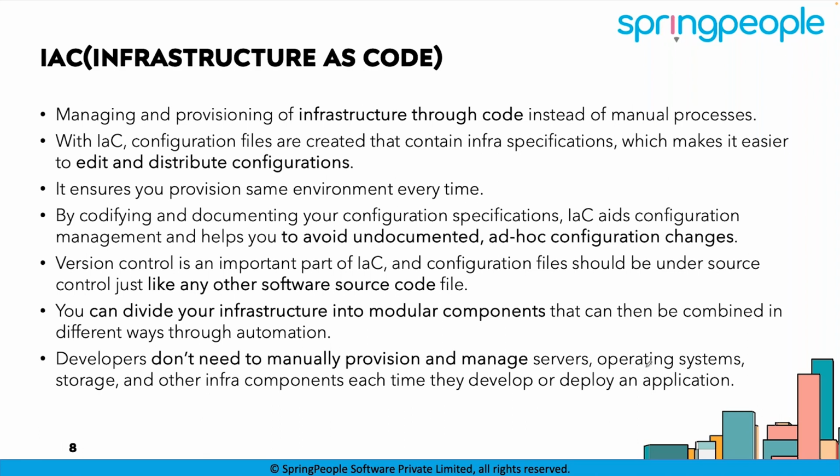With this configuration, those resources will be created, including the infrastructure specification, which makes it easy and simple to move from one environment to another by distributing the configurations. We usually call it promoting. If it is working in dev, let's promote this to the next environment.